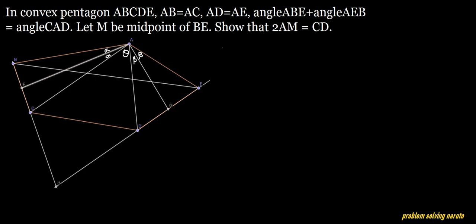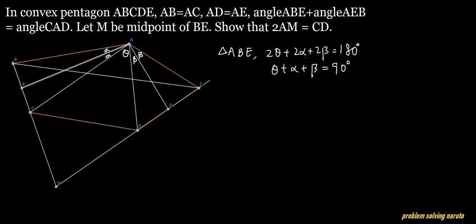So considering the angles in triangle ABE, we have 2 theta plus 2 alpha plus 2 beta equals 180. So alpha plus theta is actually 90. That is the hidden relationship given to us in this relation.